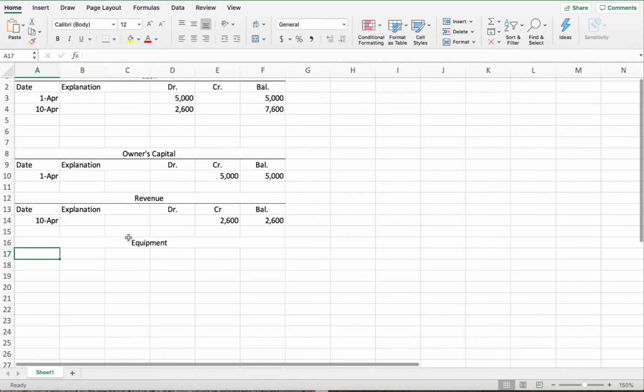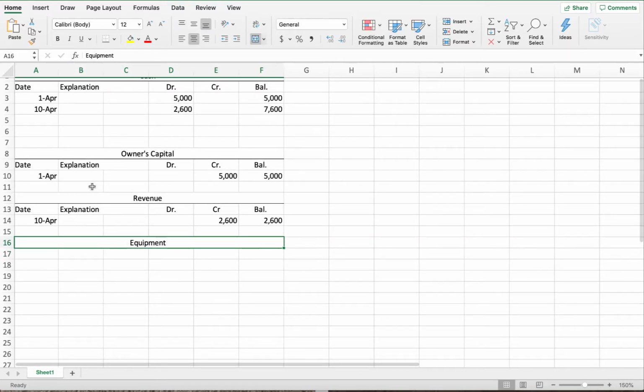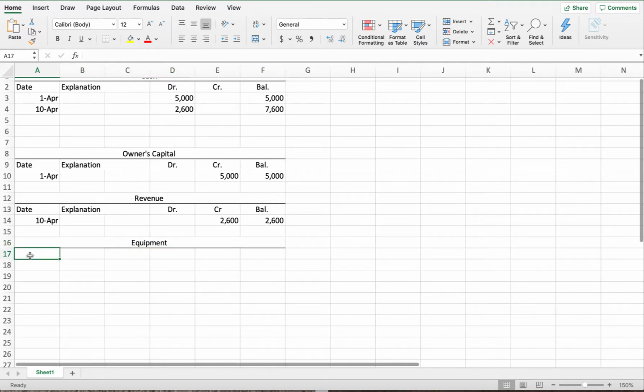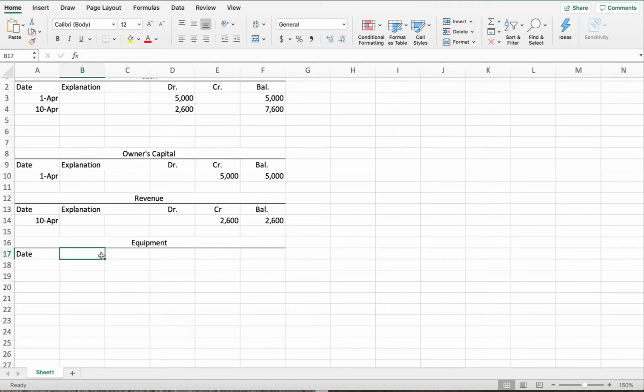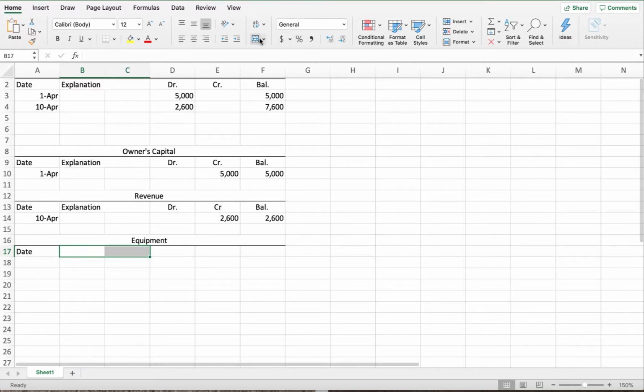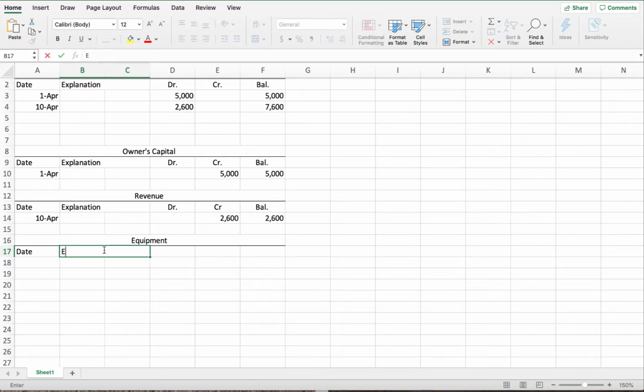I'm going to do the same thing that I did before in creating my ledger here: the date, Merge and Center, left align. I want explanation, debit column, credit column, and the balance column. Okay. Again, I'd like these centered.